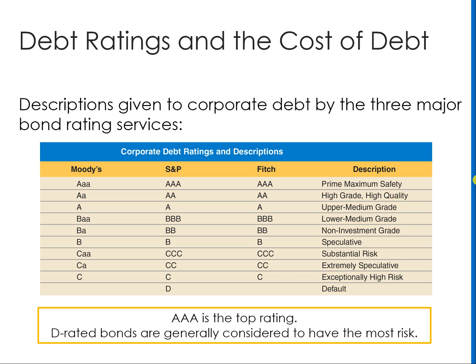And this describes how the securities are rated. Basically the idea is the same. For maximum safety, Moody's is the Aaa rating, and then there are Aa ratings for high grade, high quality.